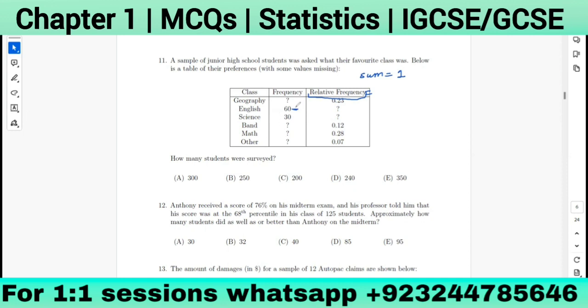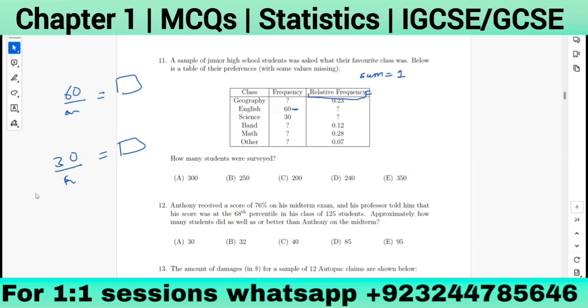Since the total students are not given, 60 divided by something is the relative frequency, 30 divided by something is the relative frequency. Or we could use the answers, divide them, then add the relative frequencies until we get 1.